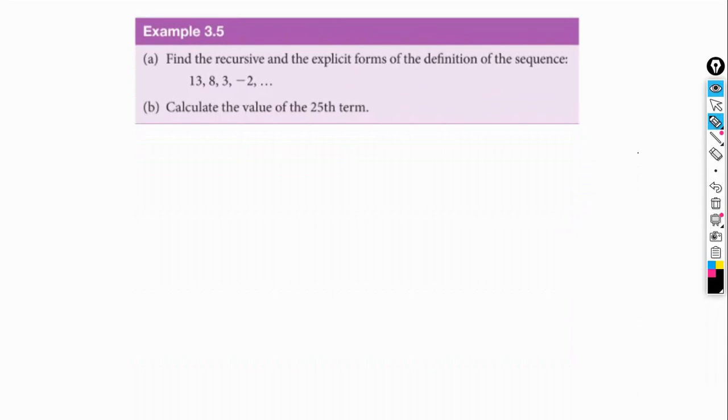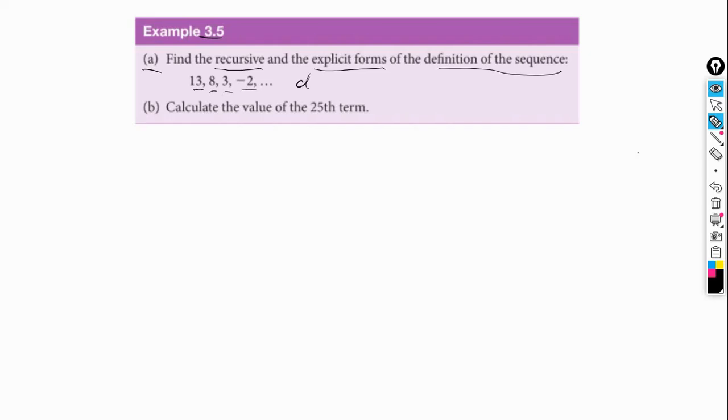So next we have example 3.5, and part A says find the recursive and the explicit forms of the definition of the sequence 13, 8, 3, negative 2. So let's remember that recursive implies using the previous term to find the next term. So notice that here the common difference is a negative number because it's decreasing, and we can see that it's decreasing by 5.